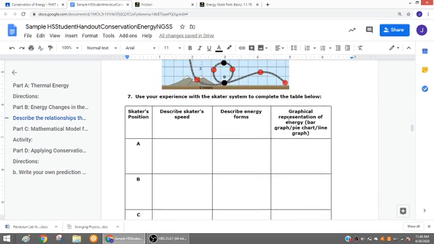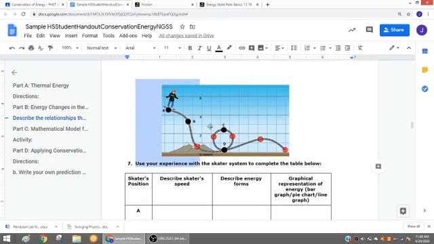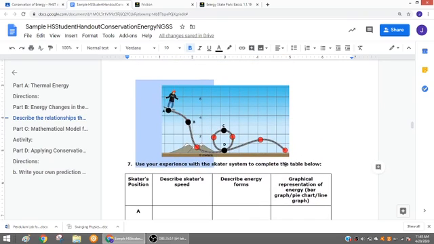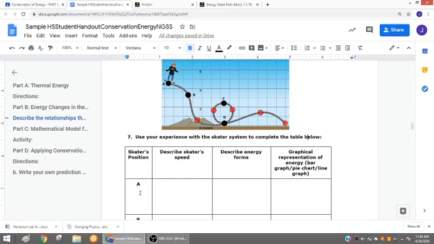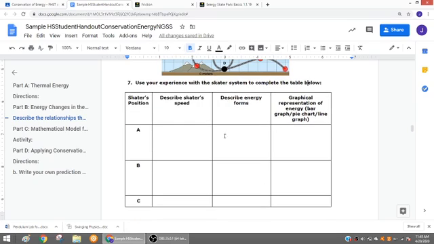So finally, you're going to then go use your experience with the skater system to complete the table below. So you're answering questions about the skater's speed at A, the skater's speed at B, the skater's speed at C, and there you're not taking pictures, you're writing words here where it says describe.